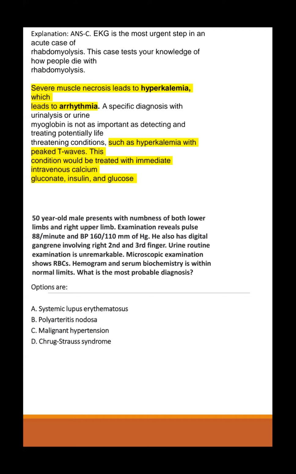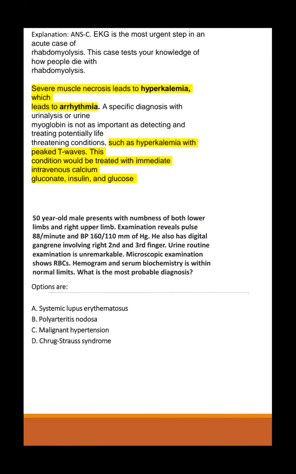So by excluding method, option B, polyarteritis nodosa, because it involves the arteries of the upper and lower limbs, so there is gangrenous. B option, ma'am.